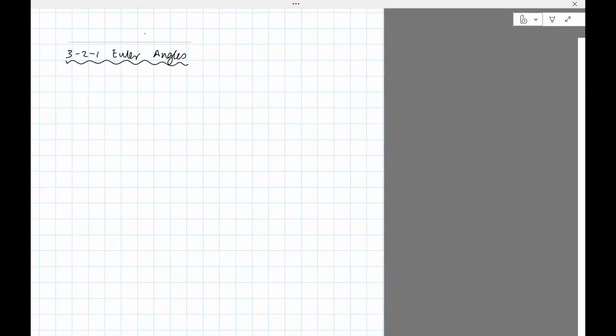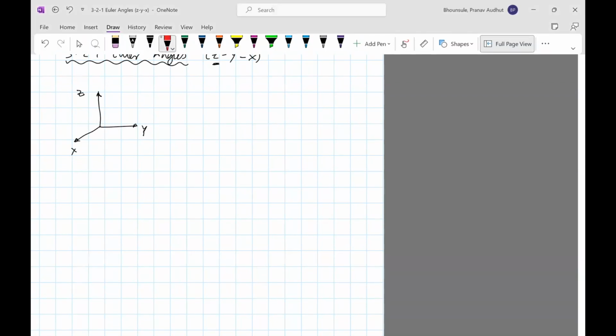Yes, as I said, this represents rotation about the z-axis first, followed by rotation about the y-axis, then about the x-axis. Okay, so if you want to visualize this, you really don't need to, but let me just put it down in case you think that helps you. So what I would do is I would draw x, y, z. First is rotation about the z-axis, and let's say that the rotation angle is psi.